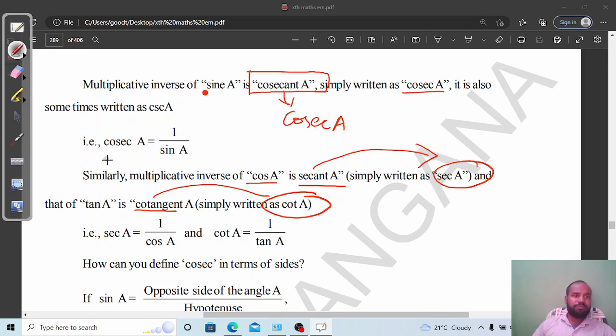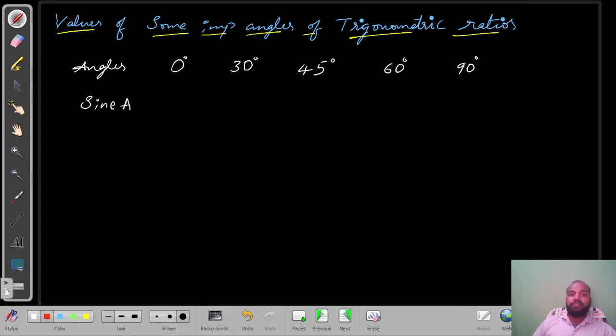Now I am going to explain how to derive some important values of the trigonometric ratios for some important angles. I have one simple trick. If you follow this trick, you never forget the values. The angles are 0 degrees, 30, 45, 60 and 90 degrees.